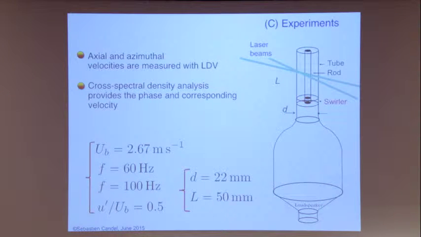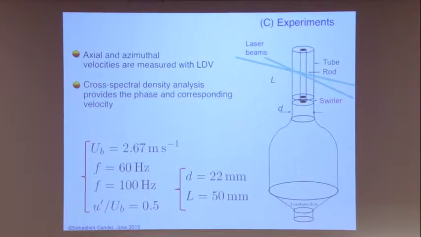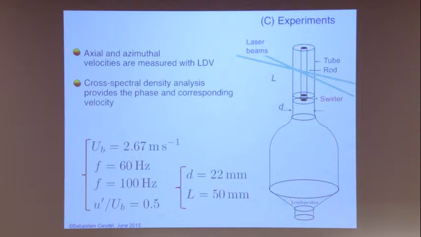And because we were not persuaded that all that was true, we also did an experiment where you have a loudspeaker, you put the swirler, there was a rod in this case here, and then you look using laser Doppler. You can actually look at the axial and azimuthal direction.